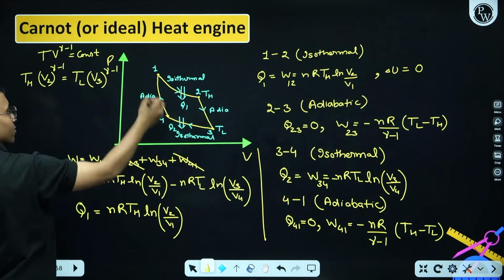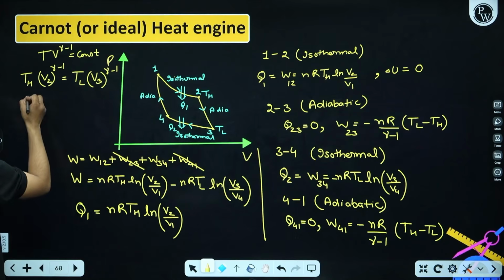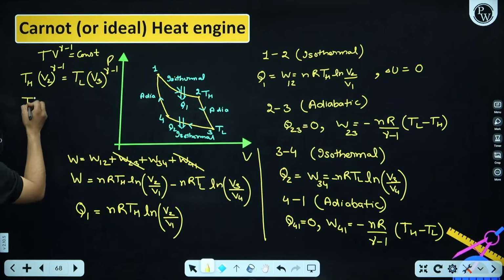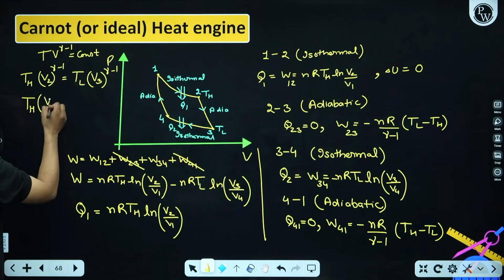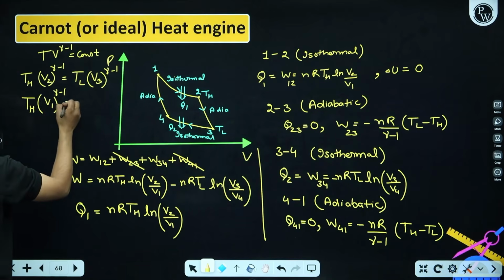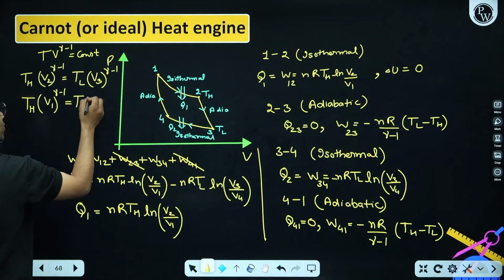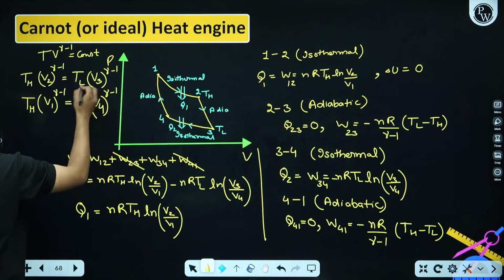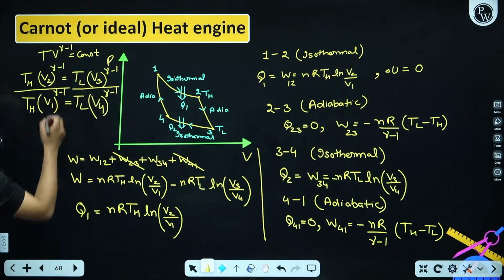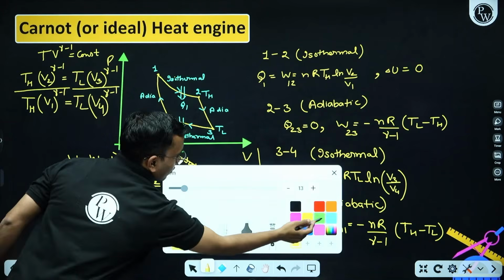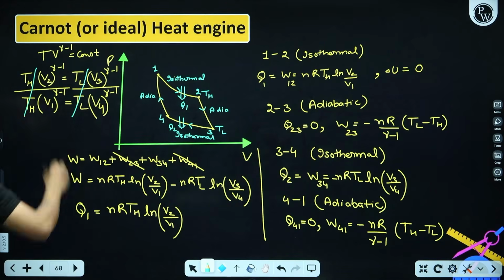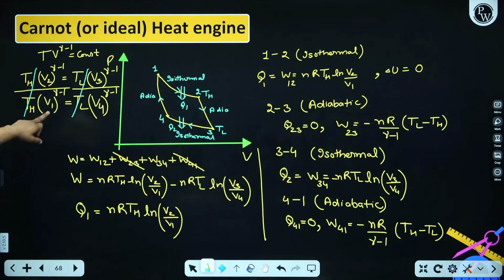Now the same I can use for 1 and 4. At 1, T high into V1 to the power gamma minus 1 is equal to, at 4, T low into V4 to the power gamma minus 1. If you divide these two, this is getting cancelled, this is getting cancelled, and we get V2 by V1 equal to V3 by V4.